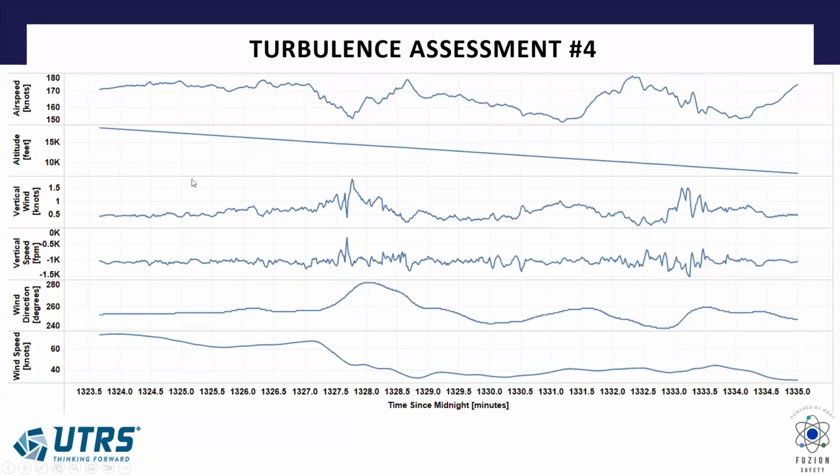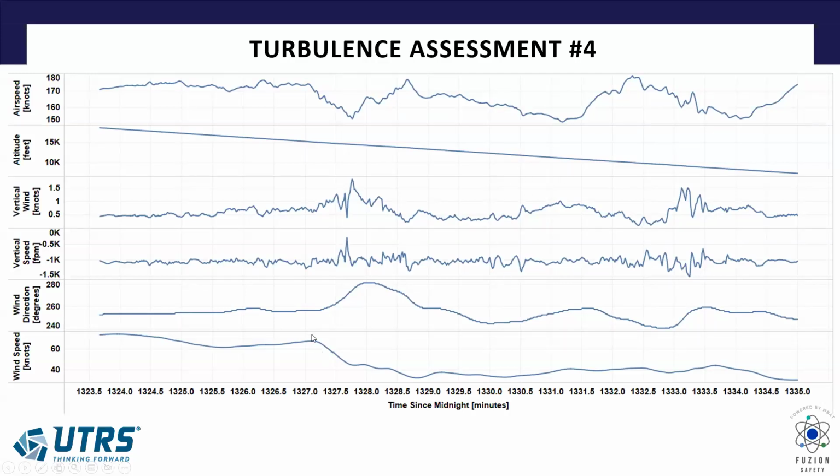Okay, the fourth one, you can see it's not much going on here, and then boom, it starts happening, and boom, chop the speed down. And that's what we want to see. We want to see you get slow so you don't damage your aircraft and cause harm to yourself. They're in a descent.